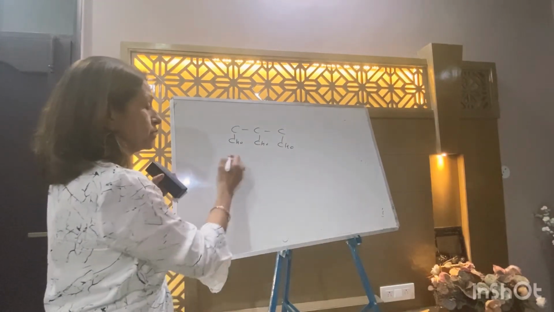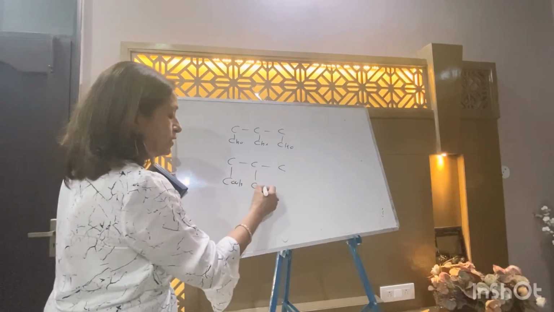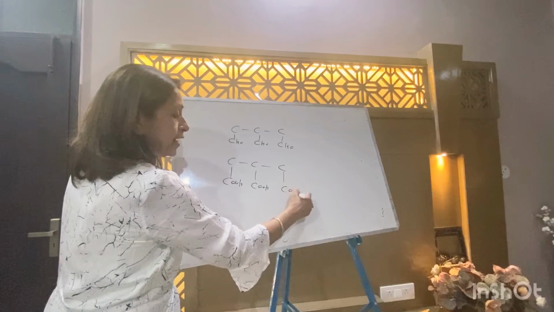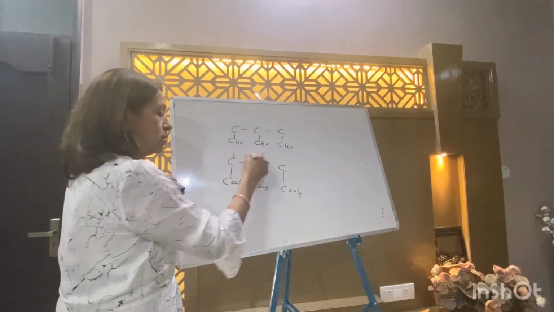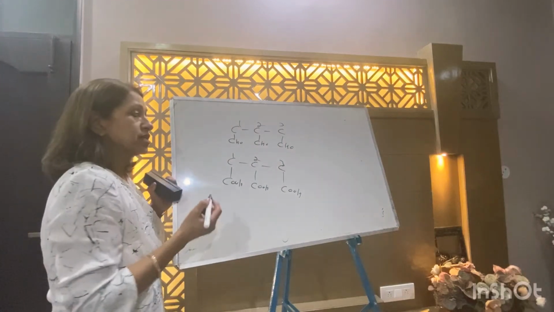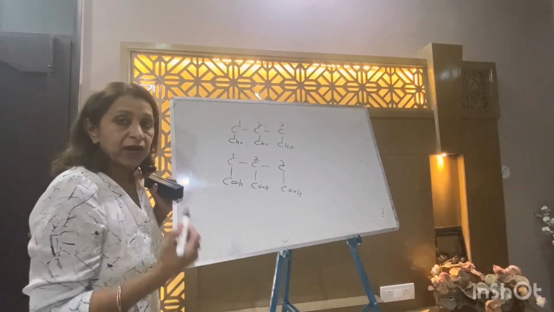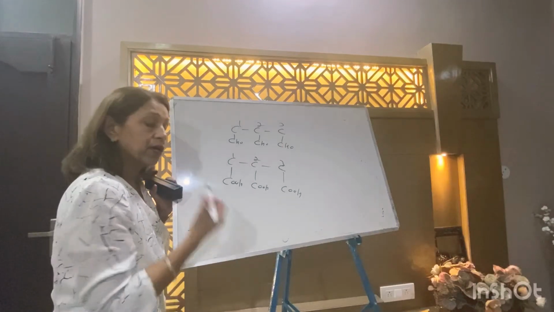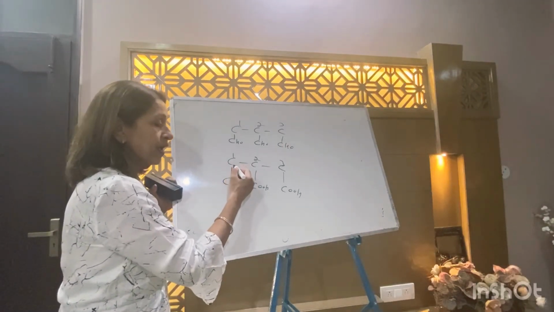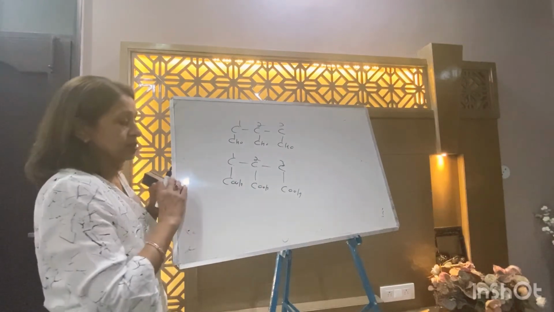In the same way, C single bond C with COOH three times never takes any number. 1, 2, 3. In these two cases the names are the same: propane-1,2,3-tricarboxaldehyde or carbaldehyde, and propane-1,2,3-tricarboxylic acid.